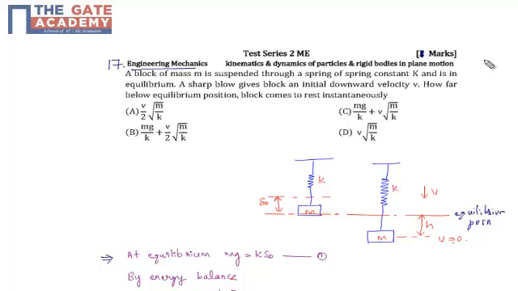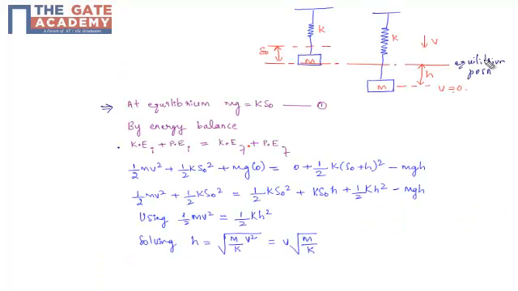Now by energy balance, the kinetic energy and the potential energy at the initial will be equal to the sum of the kinetic energy and the potential energy at the final. So initial kinetic energy will be half mv square plus half k into s0 square, and the initial potential energy will be mg into 0 because the height is 0.